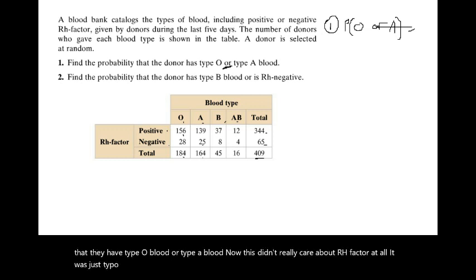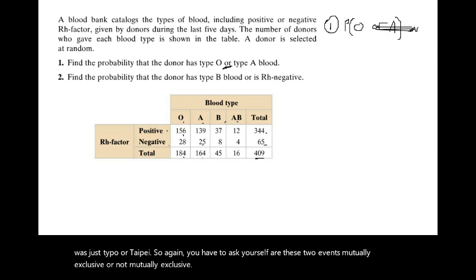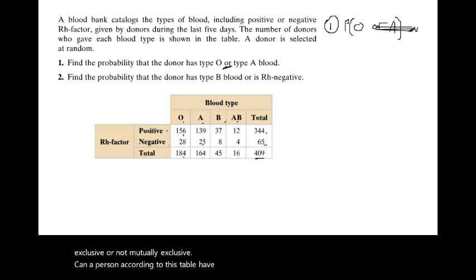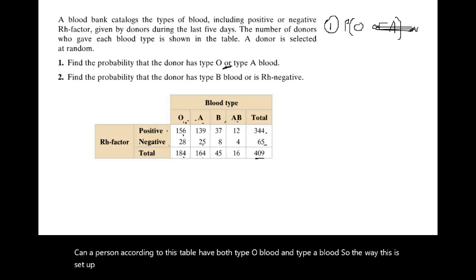So again, you have to ask yourself, are these two events mutually exclusive or not mutually exclusive? Can a person, according to this table, have both type O blood and type A blood? The way this is set up, you're not going to have a blood donor that is both type O and type A at the same time. Because these two events cannot occur at the same time, they are mutually exclusive.